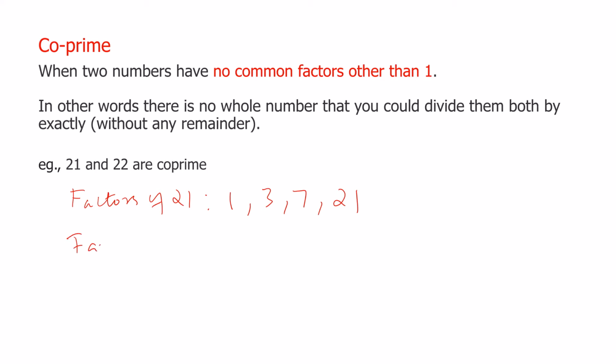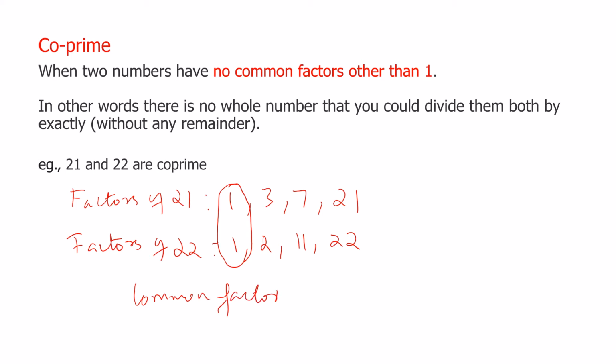Similarly, the factors of 22 are 1, 2, 11 and 22. Now look for the common factor. We can see that only 1 is common. Therefore, we can say that 21 and 22 are coprime.